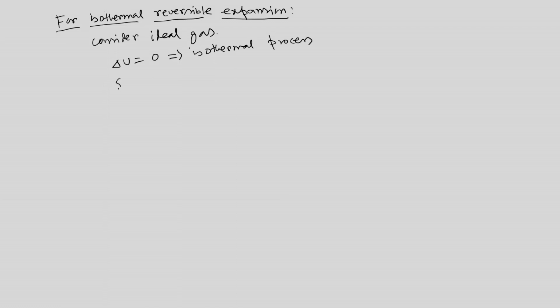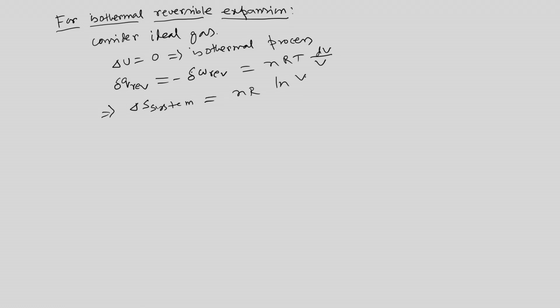So del Q reversible is nothing but minus del W reversible, and we can write this as nRT dV by V. From here we can calculate delta S system, which is nR ln V2 by V1.